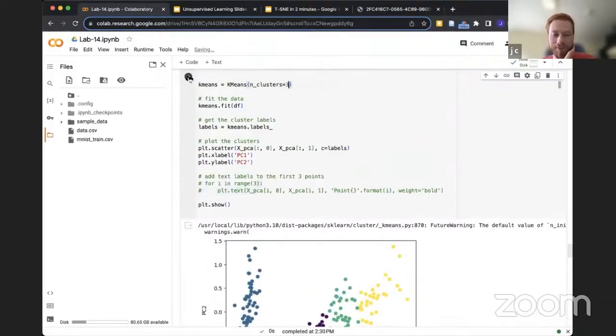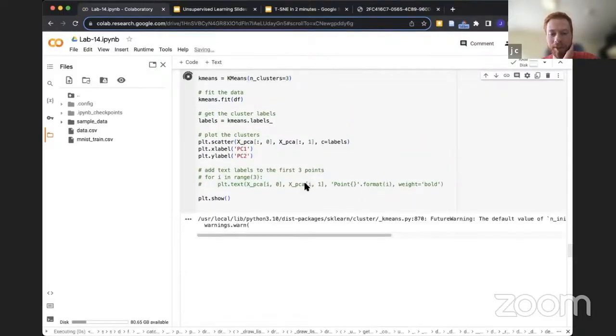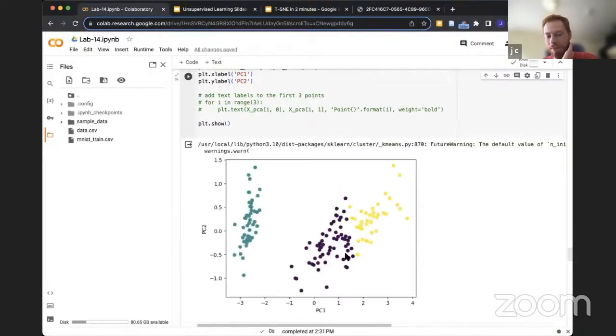But we can also see the split in 3 does not really make sense. It's a bit arbitrary which cluster this point now belongs to. It just creates a weird line through the middle here.